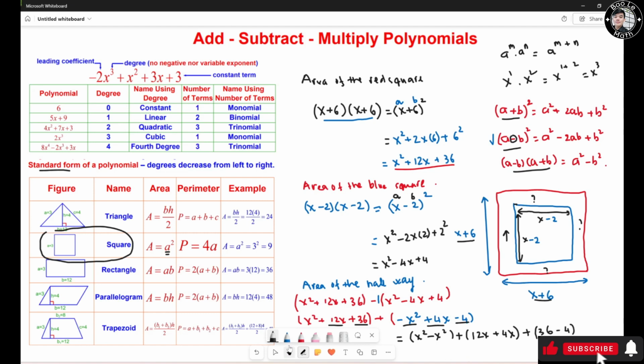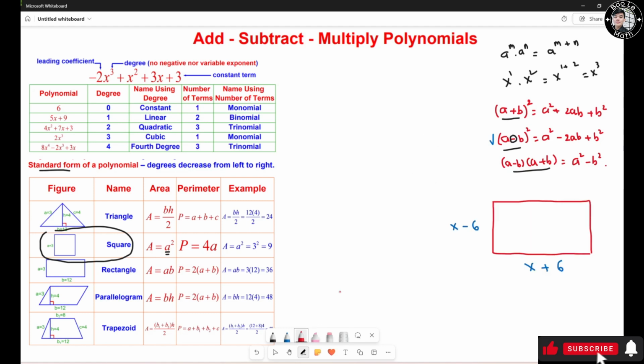Now, the final answer must be s squared subtract s squared. This one cancels out. 12s plus 4s is going to be 16s. 36 subtract 4 is going to be plus 32. And this is the final answer.